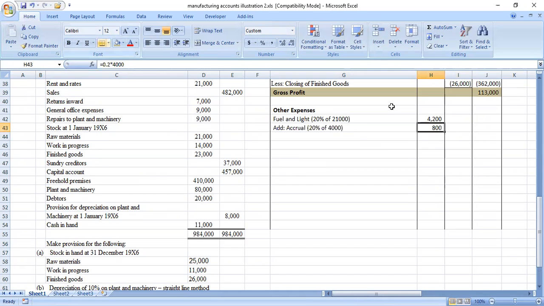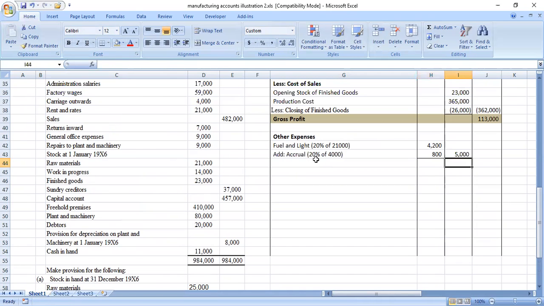So in total, fuel and light shall now become 4,200 plus 800, which is 5,000. So tuko pamoja? Yes. So now we are through with fuel and light.